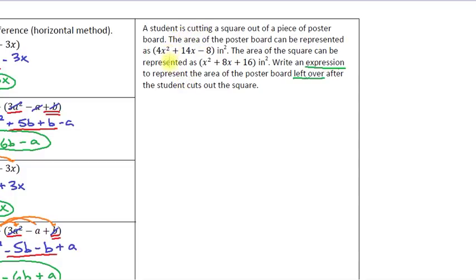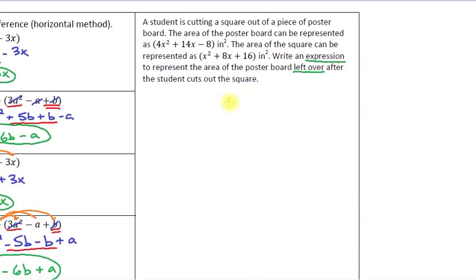Now, to understand this mathematically, I'll tell you what is really useful. If you can draw a diagram, you will make this question very clear. So try getting used to drawing diagrams. So I can cheat a little bit on this one. I'm going to draw what I'd say is a poster board.